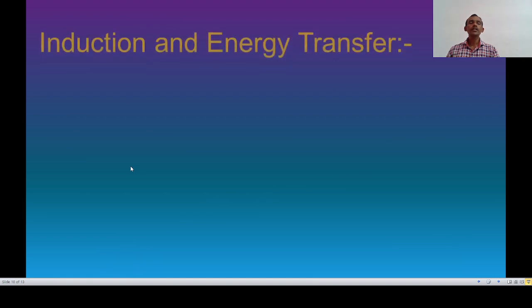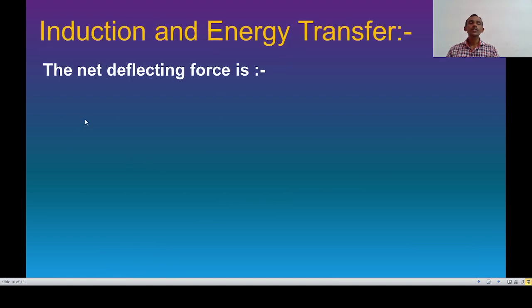Therefore, we can write here that the net deflecting force: F2 and F3 are cancelled out. The net deflecting force F1 can be calculated by I into L vector cross B vector, and here theta is 90 degrees, that is the angle between the length vector and the B vector.